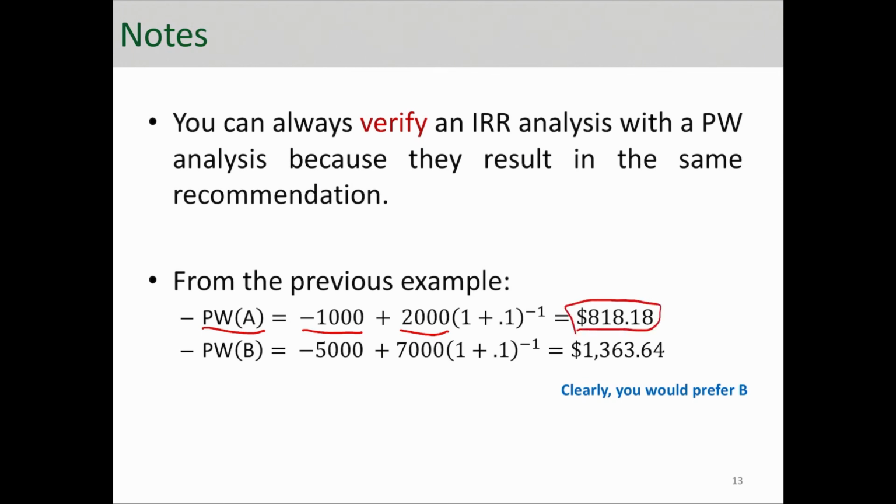And here's the present value of that option. Here's the present value of the second option, and you can clearly see that the present value of alternative B is greater, so you would choose B. And that's what the incremental IRR analysis told us. So you can always verify your work by using the net present value analysis.